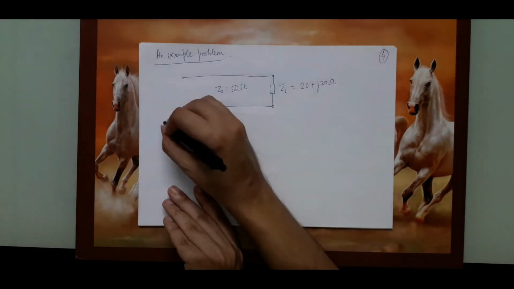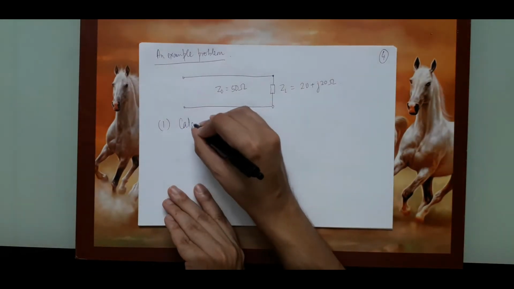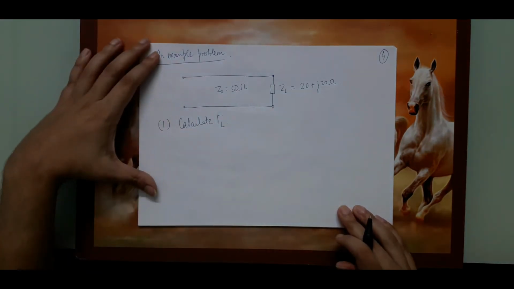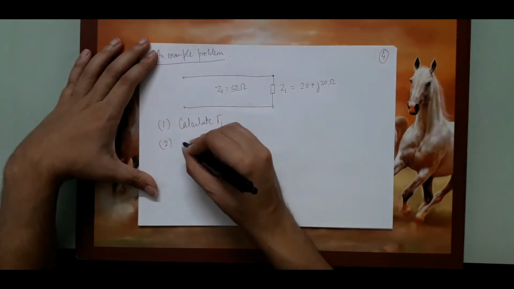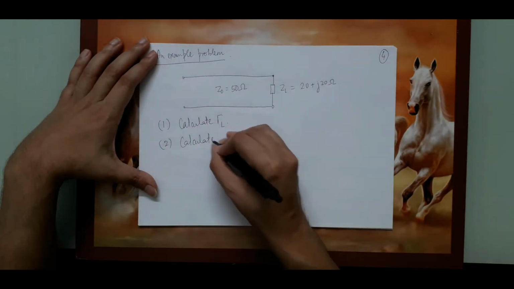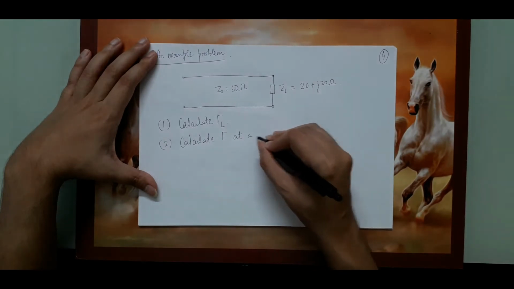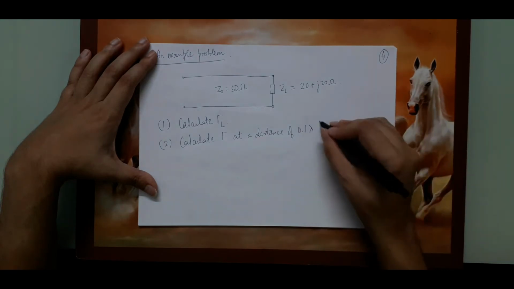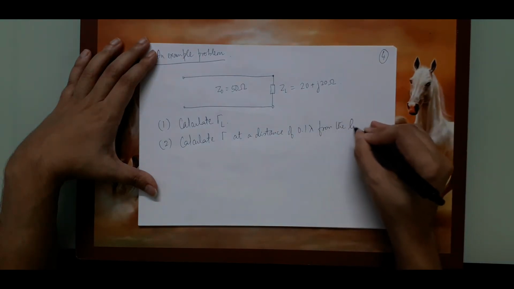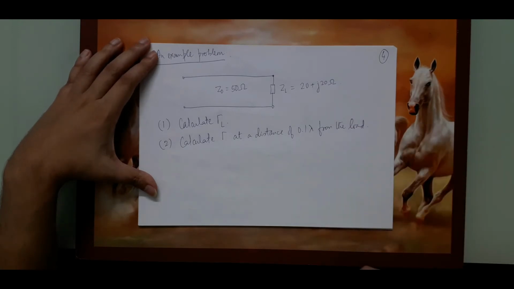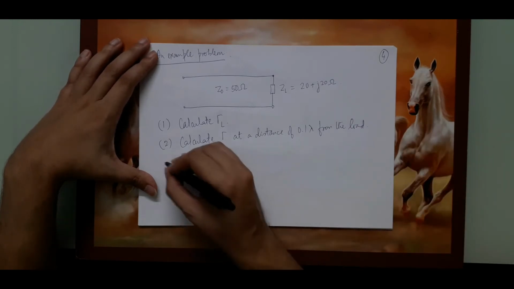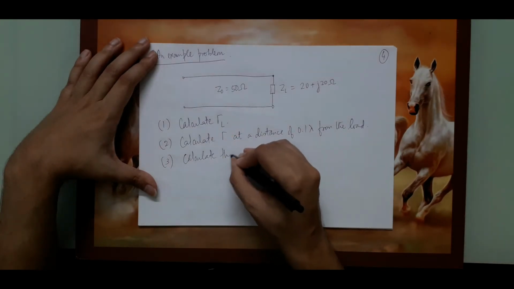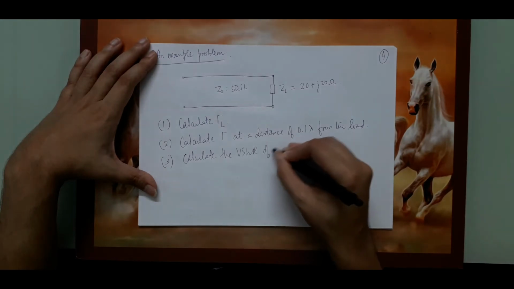So let us say, calculate gamma L. This is the first question. Second question is, calculate gamma at a distance of 0.1 lambda from the load. Third, calculate the VSWR of the line.